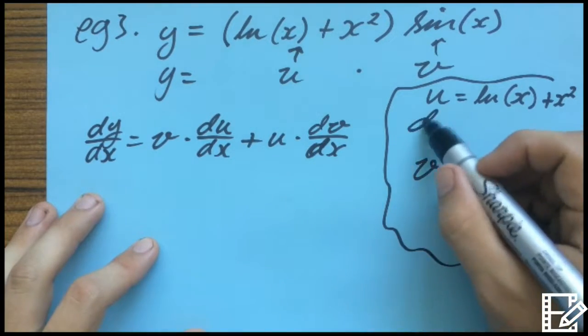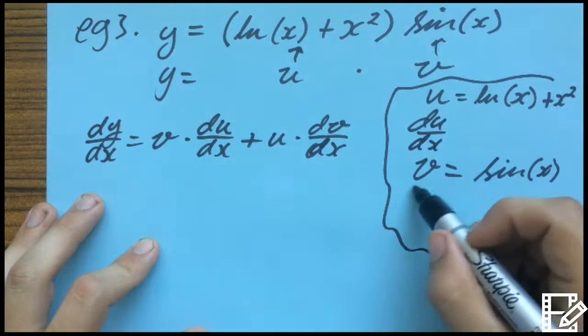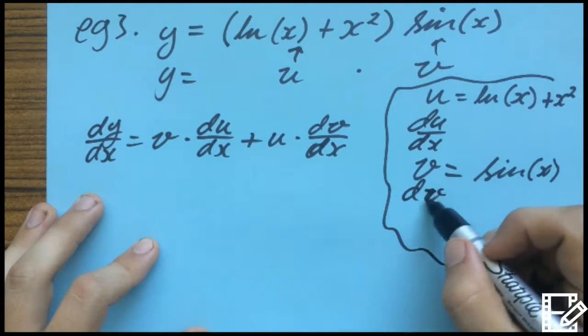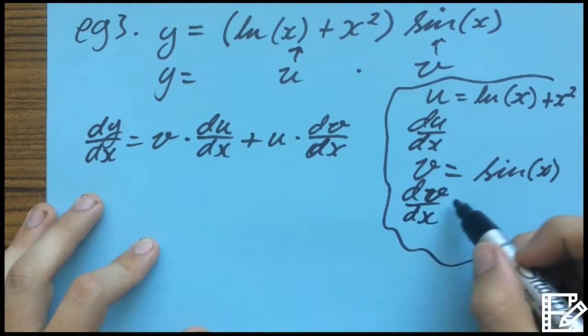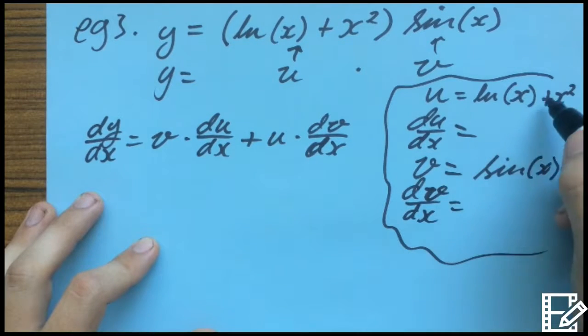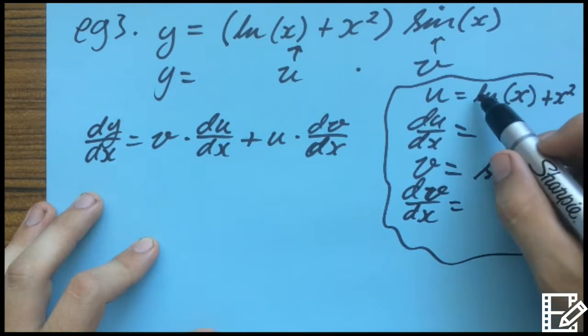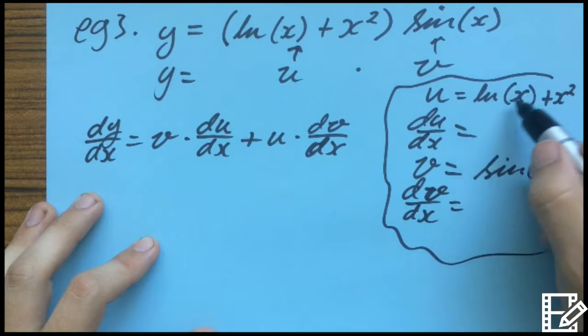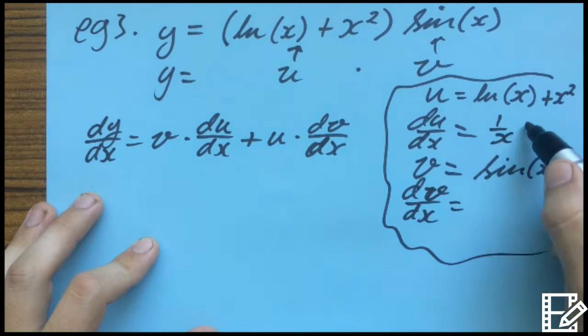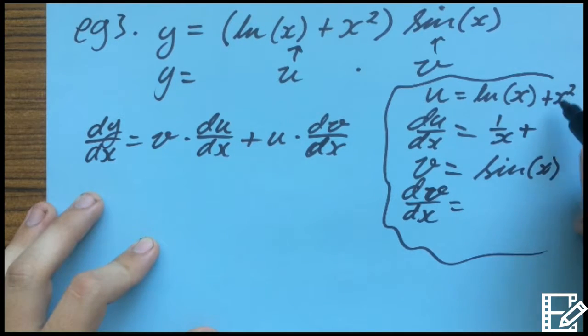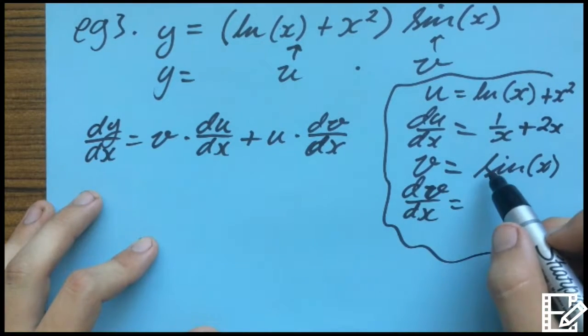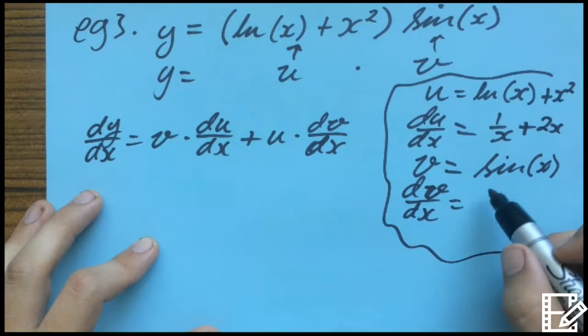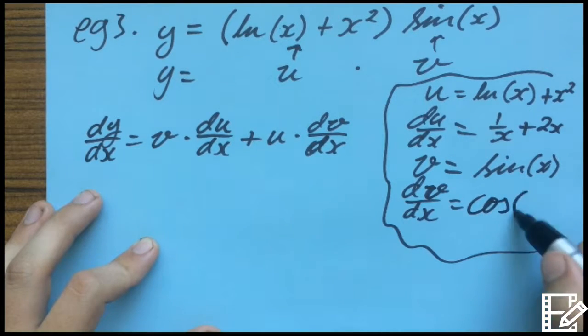So again, we need to find the derivative of u and the derivative of v. Derivative of ln x plus x squared: first, the derivative of ln x is 1 over x, plus the derivative of x squared is 2x. The derivative of v, which is sine x, is just cosine of x.